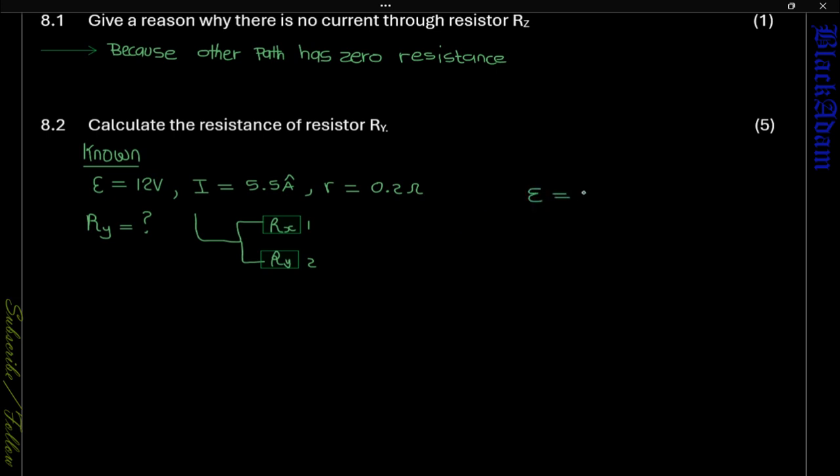The equation is current multiplied by bracket external resistor plus internal resistor.